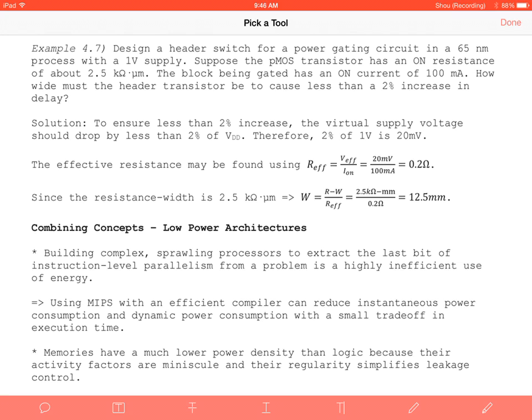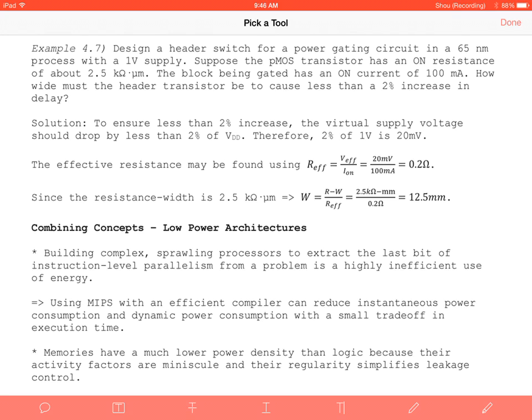So what we've done in this problem is we have stated we can't have a greater than 2% increase in the delay, so we have to reach that supply voltage. Therefore, the switching that occurs in the power gating circuit must reach that in a certain amount of time. 2% delay means it's 2% lower on the voltage than what we want.